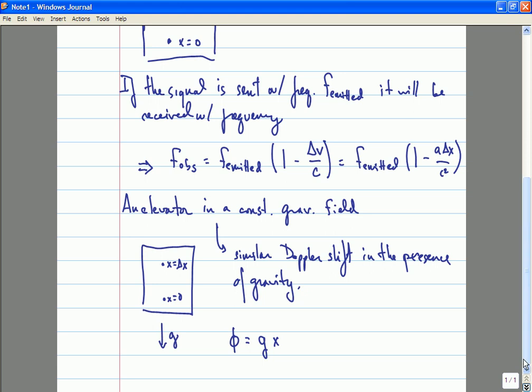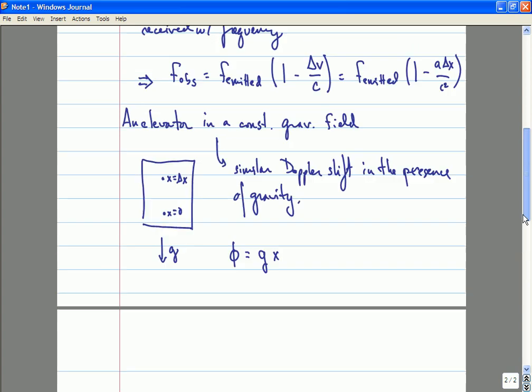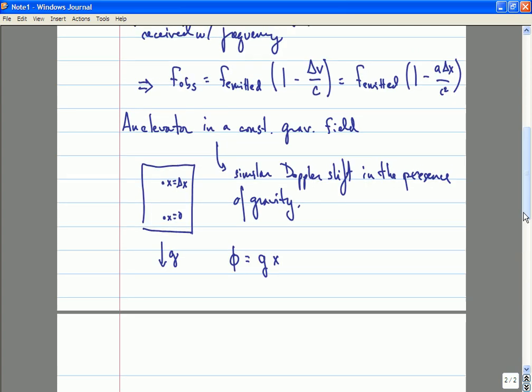So the formula for the gravitational redshift is that the observed frequency of the signal is related to the emitted frequency by 1 minus the difference in the value of the gravitational potential measured between those 2 points.